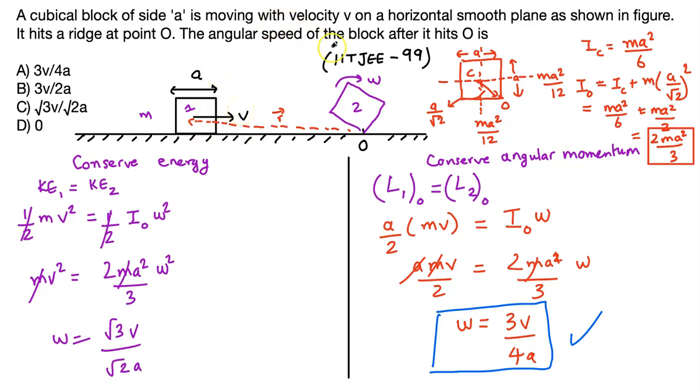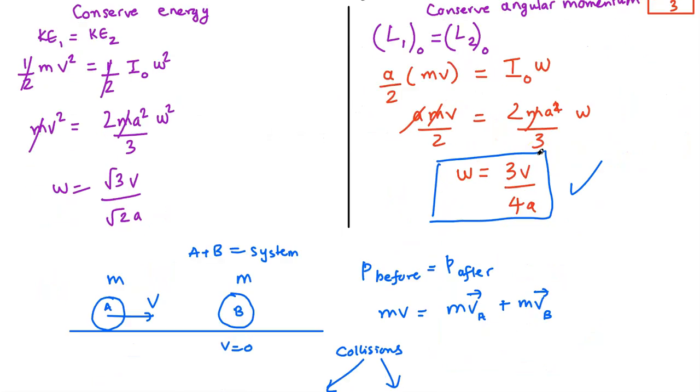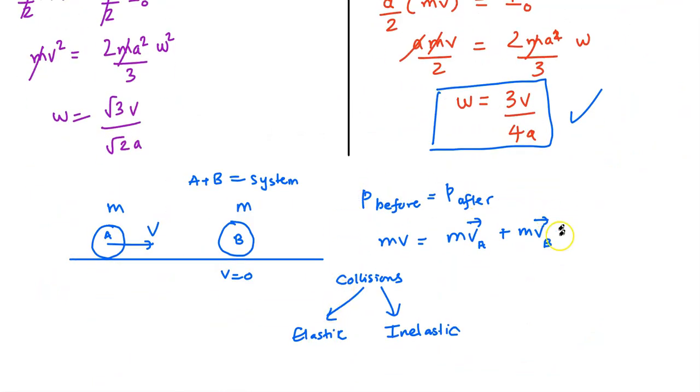The problem doesn't tell us anything about what kind of collision or interaction is happening. So conserving energy is a very strong assumption to make, because we haven't been told. Unless the problem says it, we cannot really apply this equation, whereas this is a more general assumption. Just like here, we can conserve linear momentum, but we don't know whether kinetic energy is conserved, that is, whether it's an elastic collision, or not conserved, whether it's an inelastic collision.